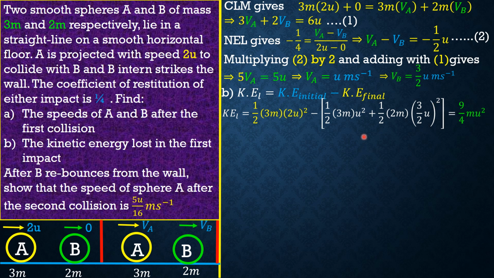So if you simplify that correctly, guys, we are going to have an answer of 9/4 mu squared.